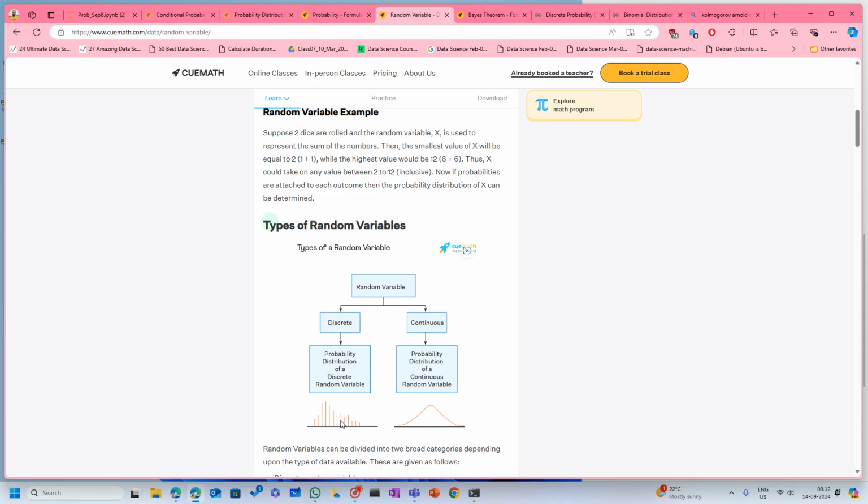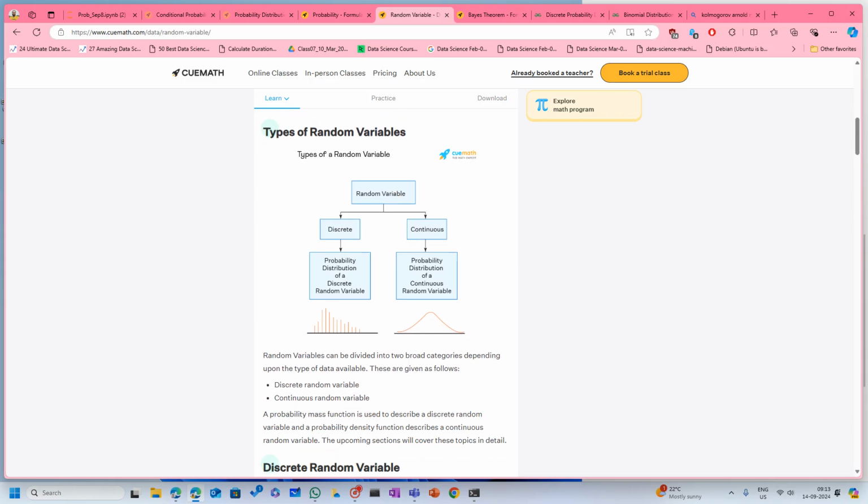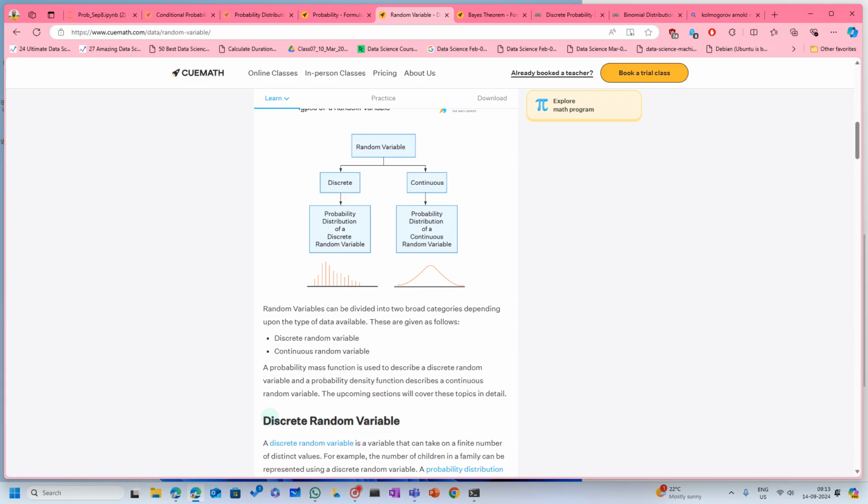Discrete random variables usually generate the frequency or the count, the bars in a distribution, whereas continuous variables don't have bars, they don't have any segregation, they rather have a smooth curve. Okay, so smooth distribution. That you have to remember, that is the most important point here.